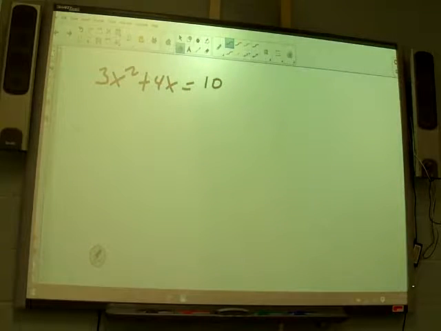B squared, so 4 squared, minus 4 times a times c. Would that be negative 10? What's your a? 2 times. Garrett, did you have a negative 10 in your C?